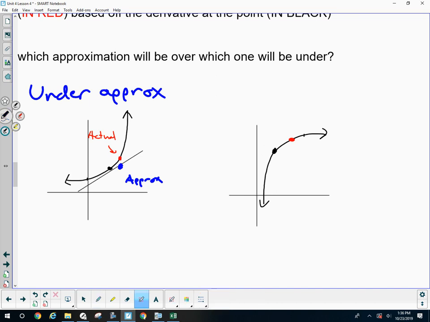In this situation, if I use a tangent line at the black dot to approximate the red dot's value, my approximation on my tangent line is going to be over the actual.